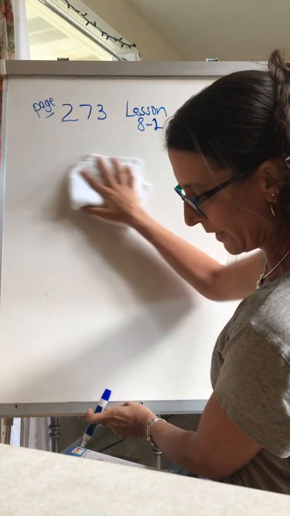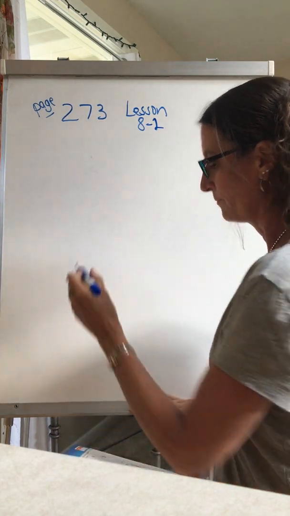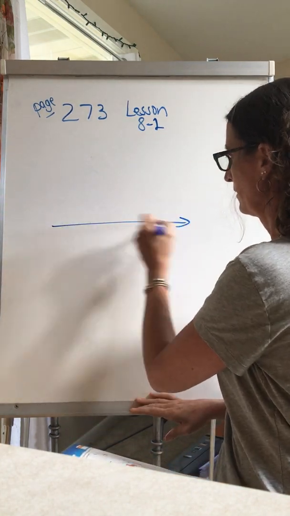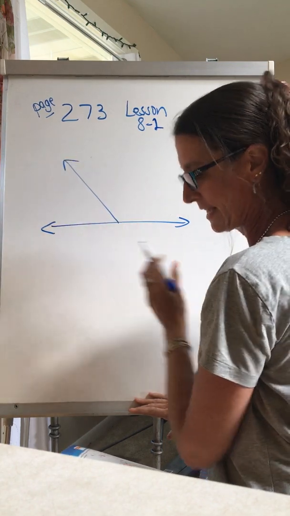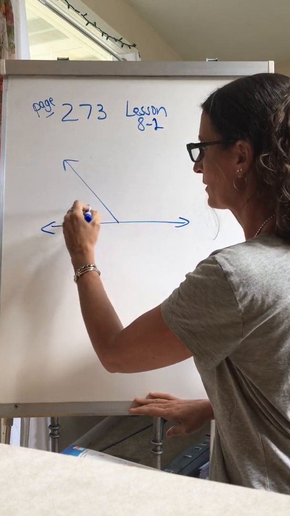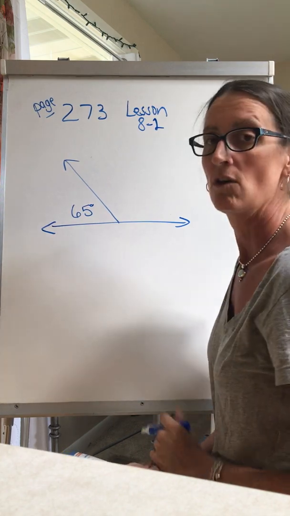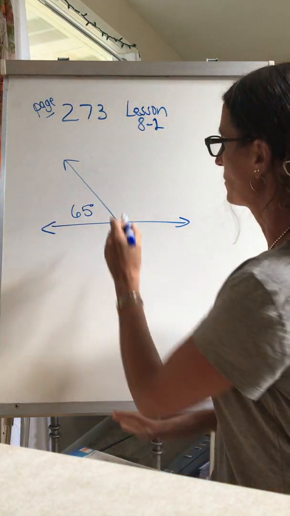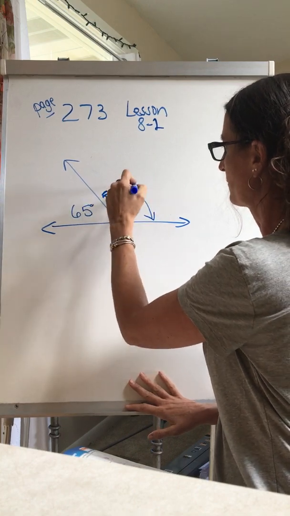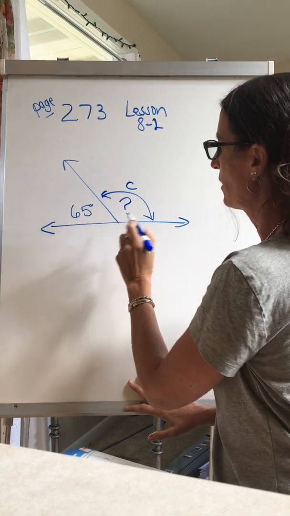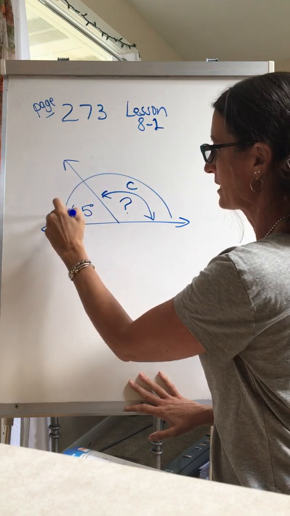So if we look at number 1, we have something that looks like this, and here it says this part is 65 degrees. If we needed to figure out what angle C is, then we know that the whole thing is 180.